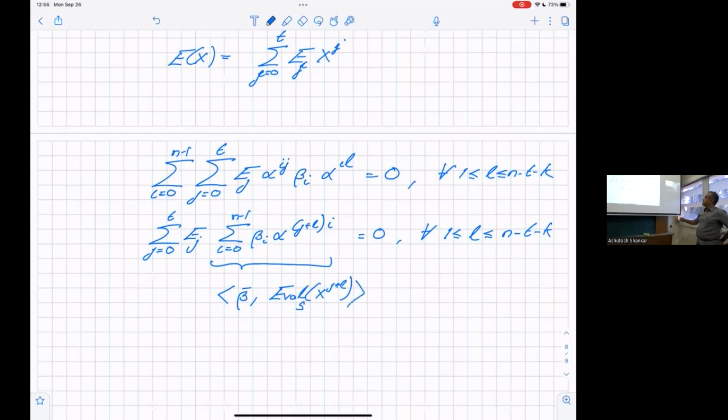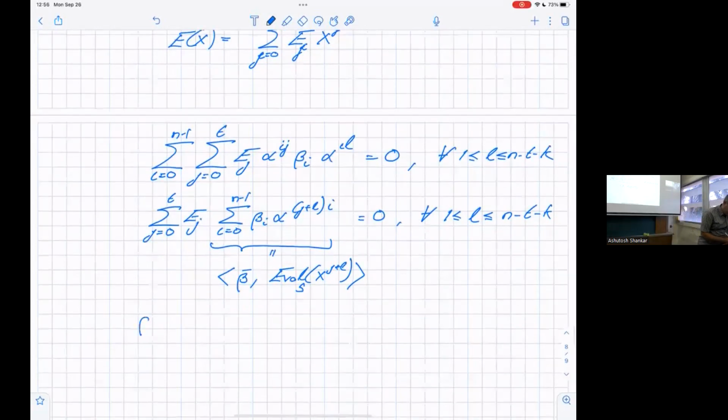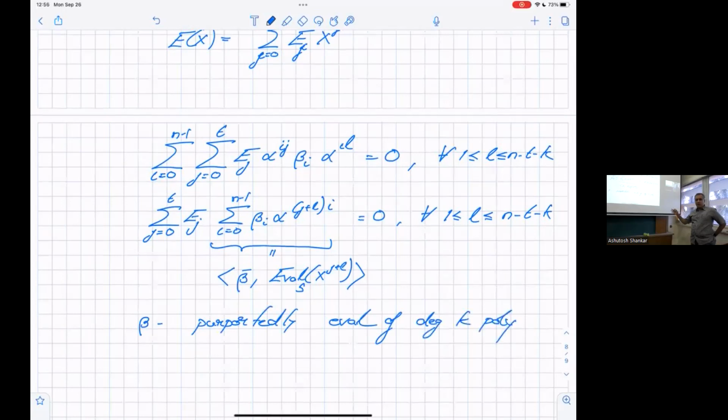It's this inner product, isn't it? And recall what is beta. Beta is purportedly the evaluation of a degree k polynomial. There are some errors in it, but beta is that.